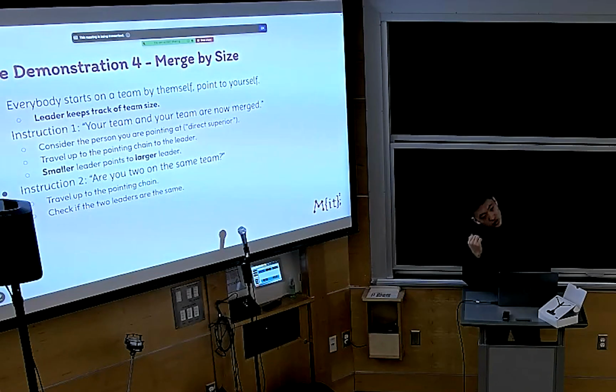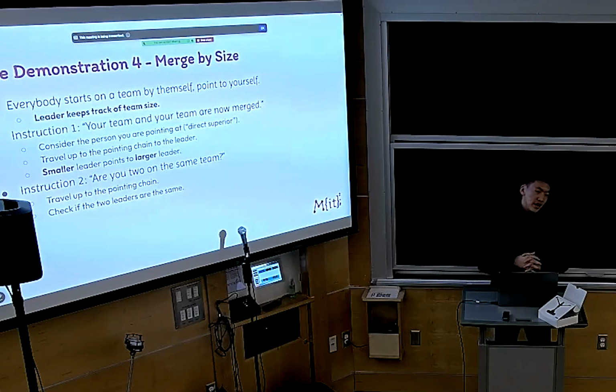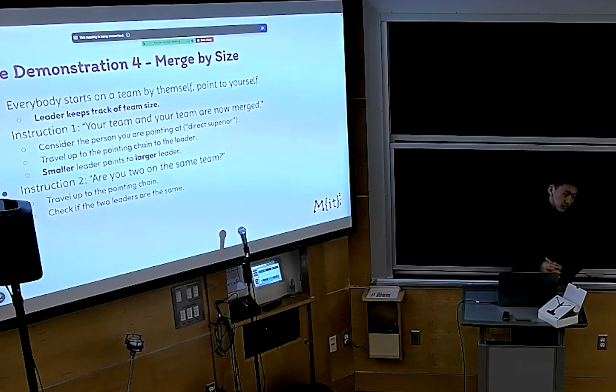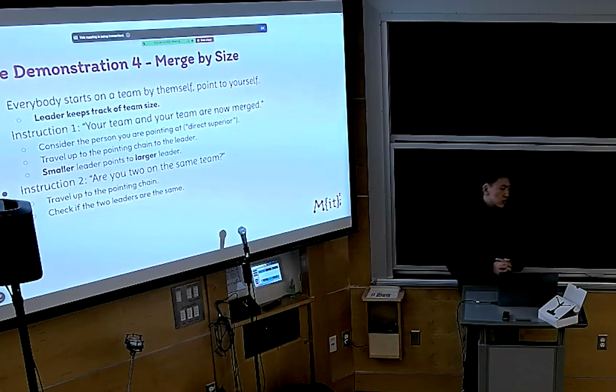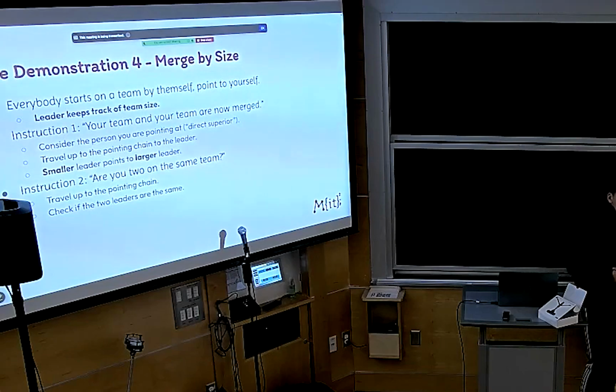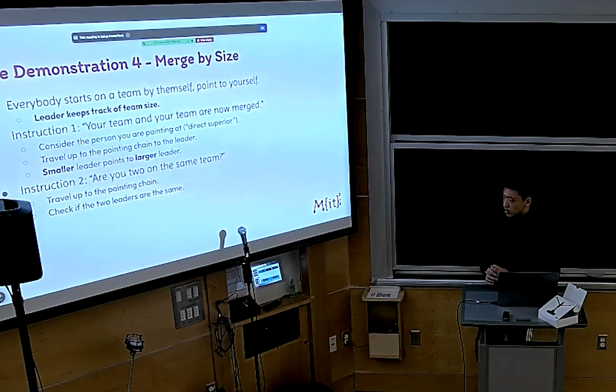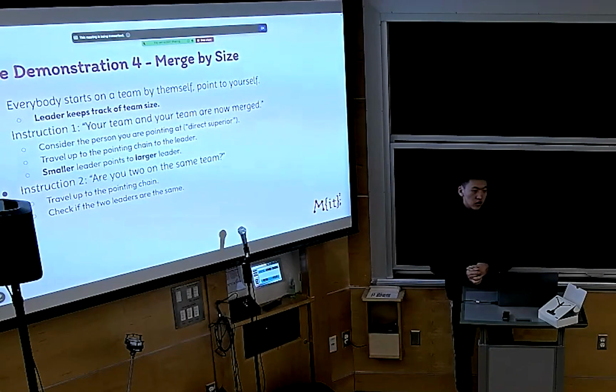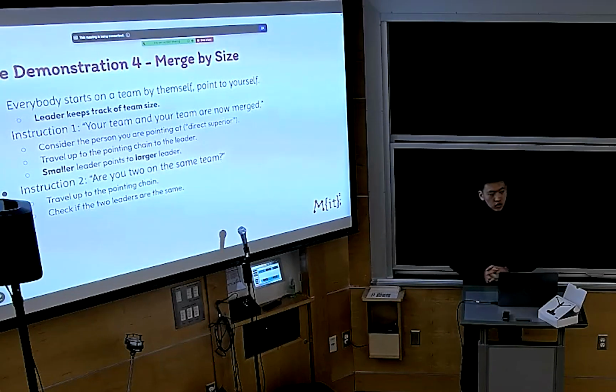How much should he increase his group size by? Well, I think you could just take whatever the previous group size was. Yeah, exactly. So you know your group size is 1, you know your group size is 2, and so if we merge this way, now your group size is 3.